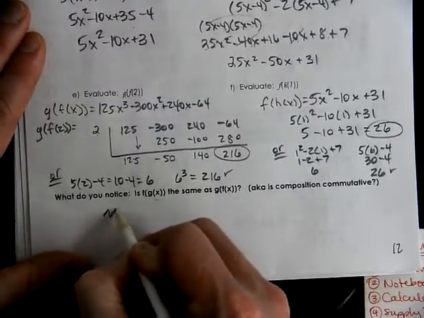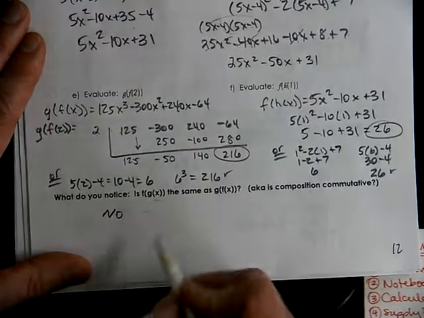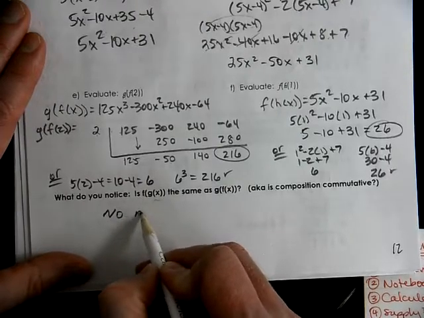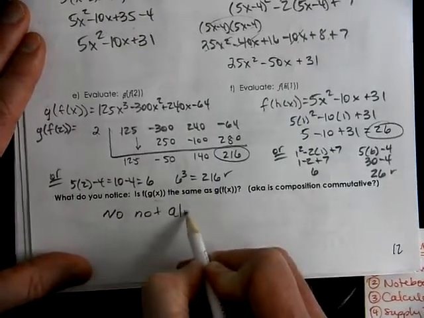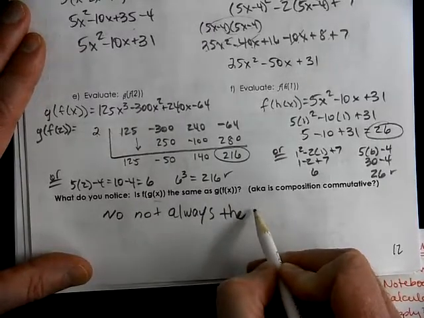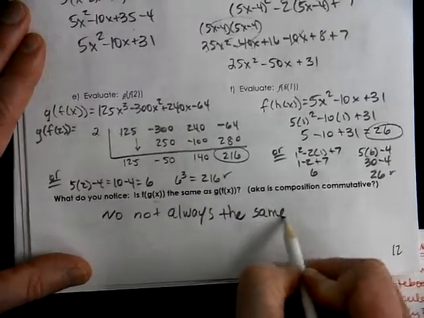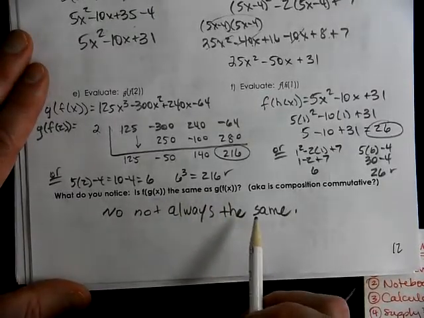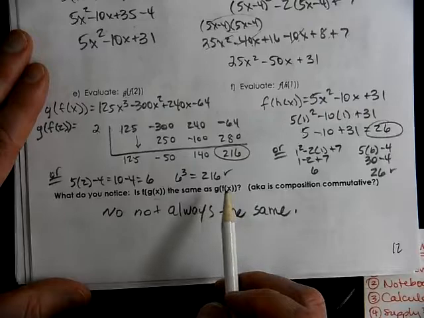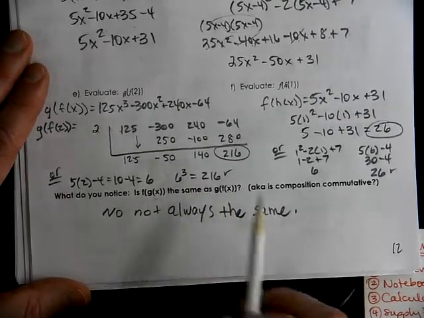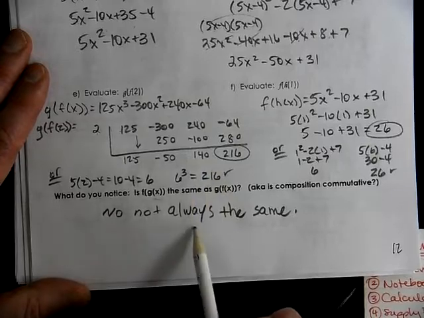And we got two different results. Okay, no, these are not always the same. It might be possible that it would be the same, but these are not always the same. We gave you many examples where they were not the same.